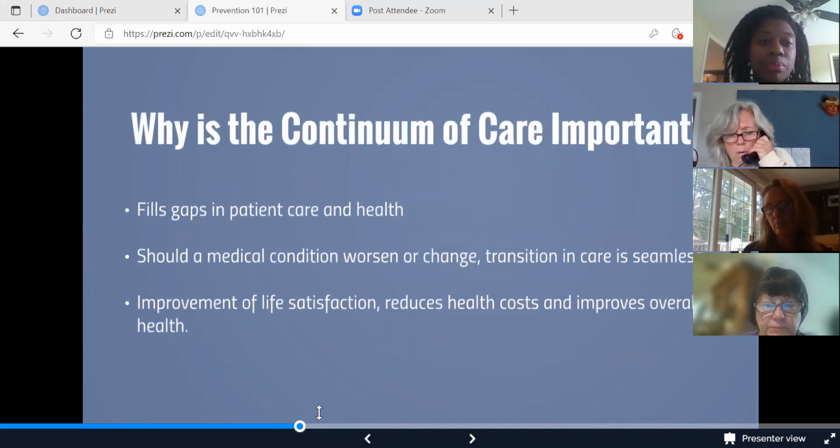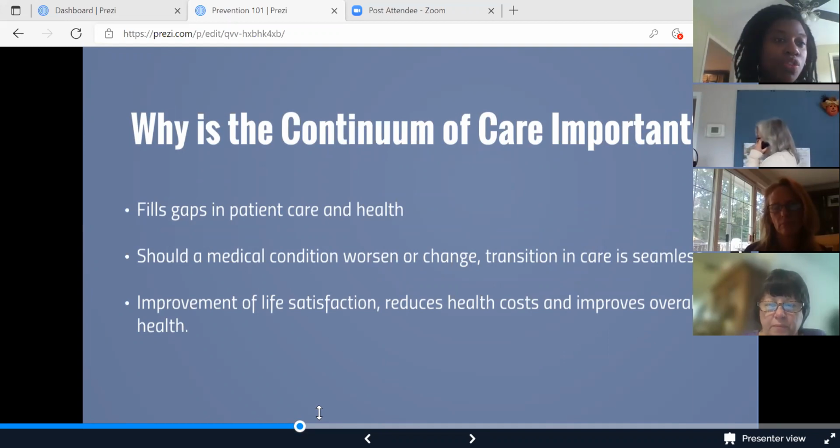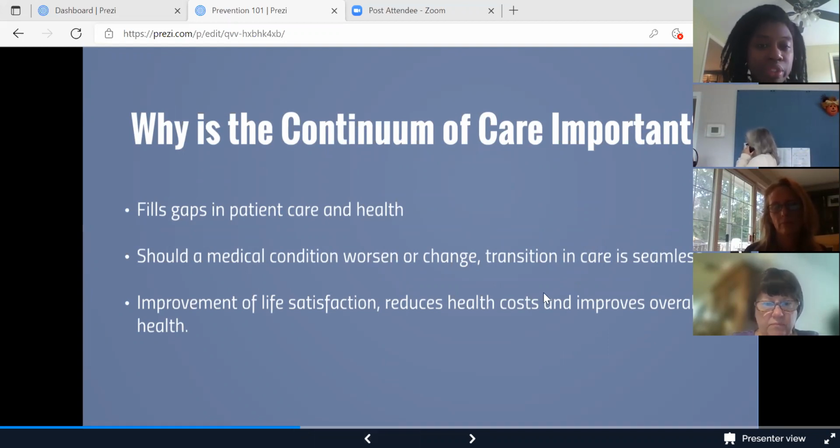And the reason why it is important is because it fills the gap in patient care and health. So when someone has to move or a condition worsens or even changes, transition in care is seamless. So prevention works at both the individual and environmental level to provide communities with the information and skills to support healthy choices. Our prevention messages and strategies aren't really efficient to help a person stop using once they've begun using.